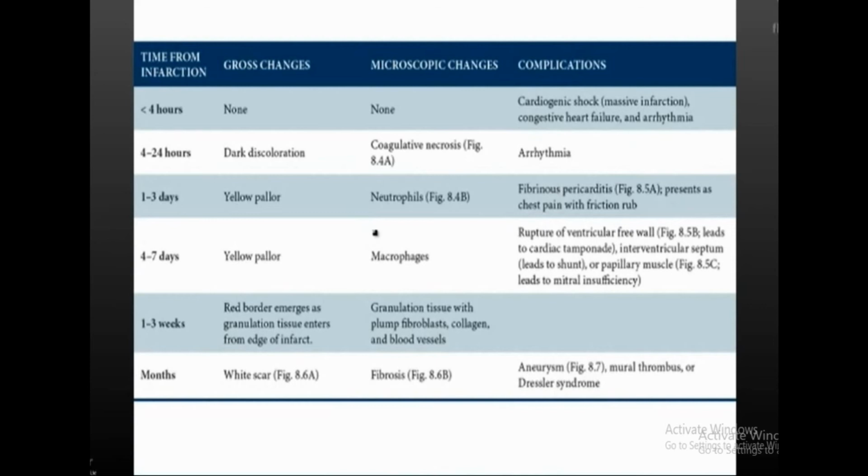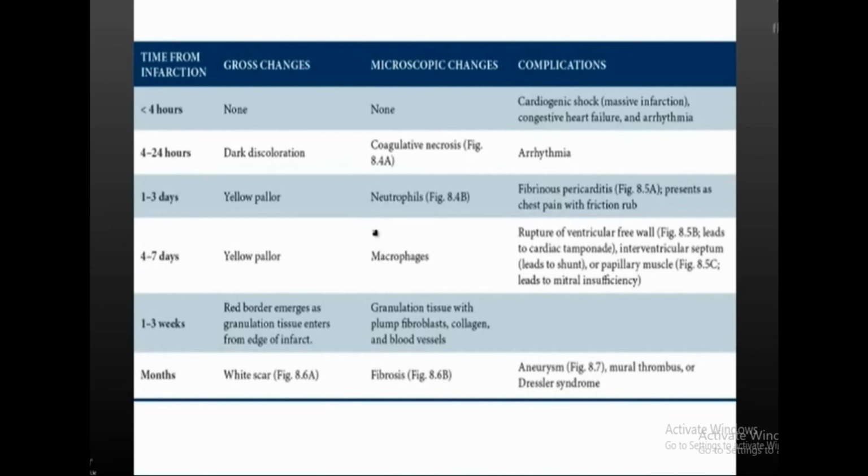Macrophages lead to rupture of the free ventricular wall, which leads to cardiac tamponade. If the interventricular septum ruptures, it leads to a shunt. If the papillary muscle ruptures, then it leads to mitral insufficiency.